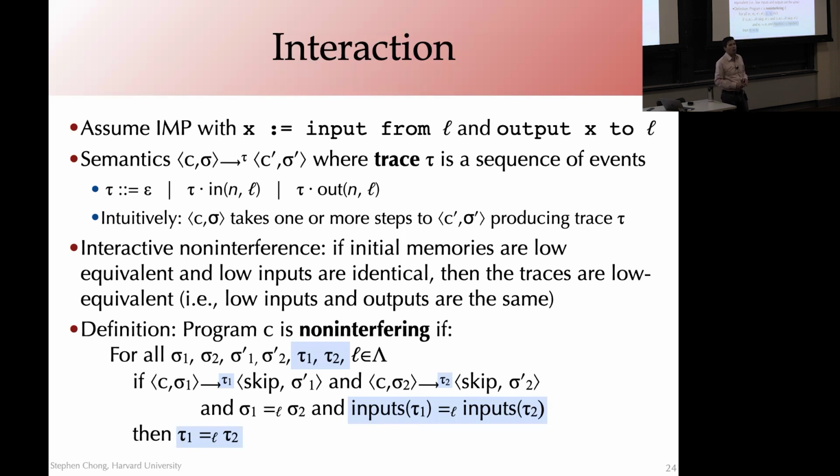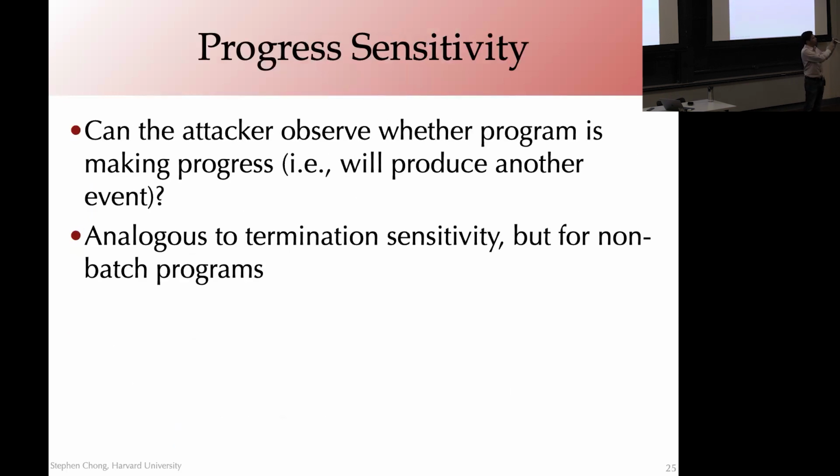Once we have interaction, we actually have a richer notion of termination sensitivity, if you will. Instead of just figuring out whether or not a computation terminates, we can distinguish whether or not it's going to produce another output or another event.